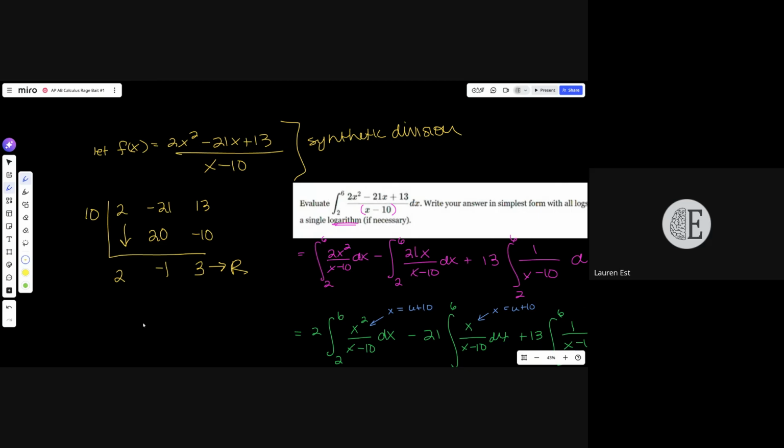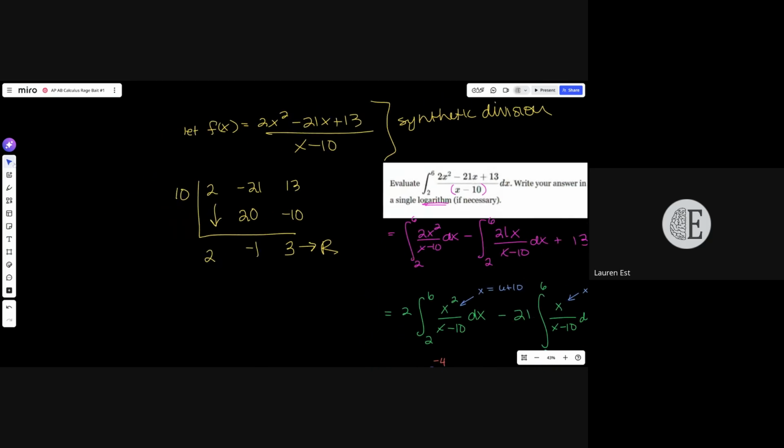So now I am able to evaluate the integral from 2 to 6 of 2x minus 1 dx. And then I would do plus the integral from 2 to 6 of 3 over x minus 10 dx.